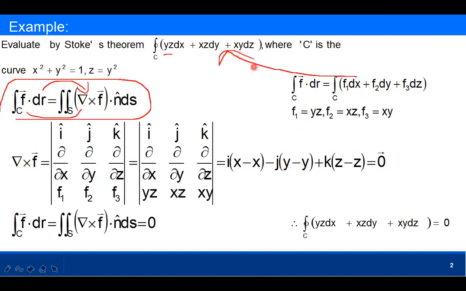Now instead of calculating this single integral, we have to calculate this double integral del cross f dot n ds over the surface S. So first of all, you have to calculate this del cross f.